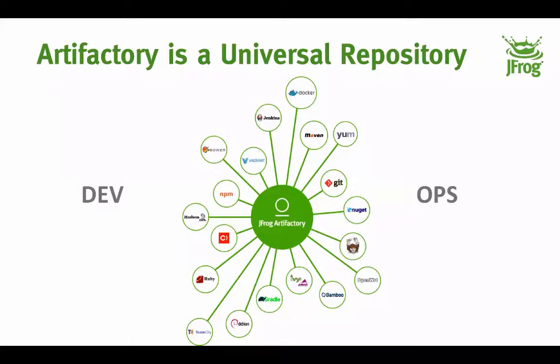You can see here that Artifactory works both for development and for operations. On the development side, there is of course Java, .NET, NPM, Bower, Python, Ruby, and what not. But Artifactory can also be used on the operational side for hosting and working with packages of Debian, RPM, Vagrant images, and of course Docker images as well.